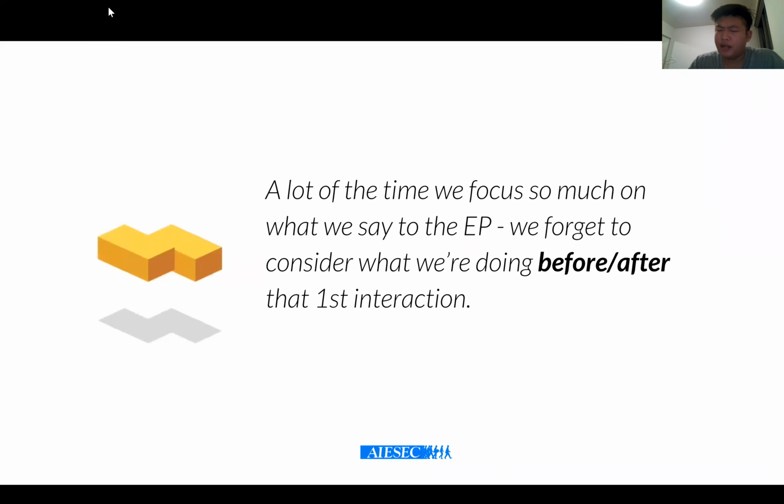Whereas today for objection handling, it's more during and after the CC, the problems that come up, and how we can deal with that. And again, it's not just limited to the CC stage. The objections can come up all the way from once they've applied, even up till they approve. Your EP is always going to have questions they want to ask you.